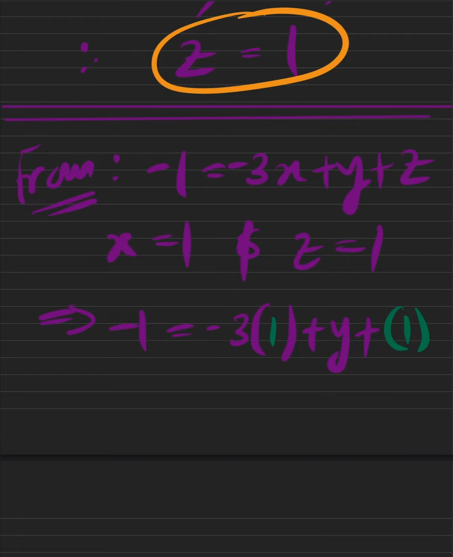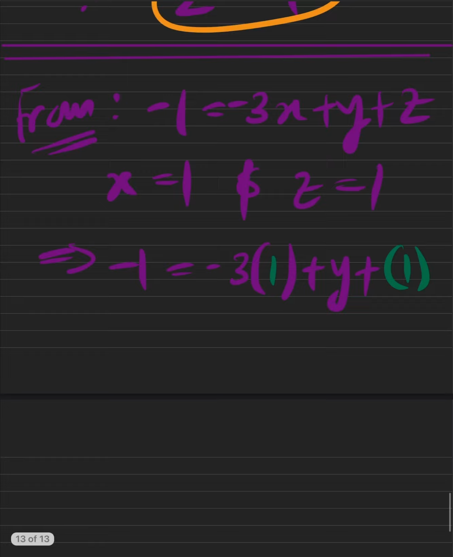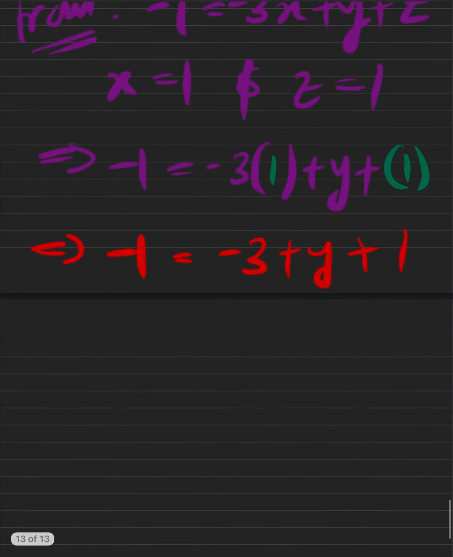So the y here, if we solve that together, let me use a pen. If we solve that together, that's going to give us -1 is equal to -3 plus y plus 1, right? These can come together: -3 plus 1, you still have a negative 2, so -2 plus y, right? So you can move that to the outside.